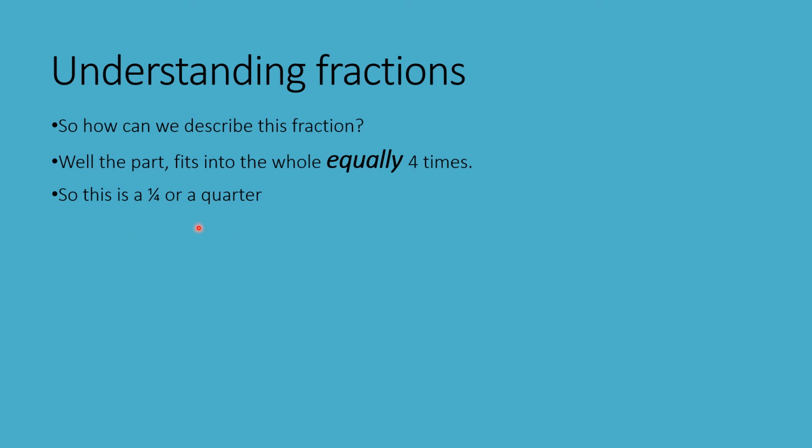Hopefully you're already familiar with this term. So this is the whole, and the quarter, or the chunk we referred to in the previous slide. This can fit equally into the whole chunk 4 times. There's only one of it, so there's only 1 out of 4. Hence 1/4 as a fraction.